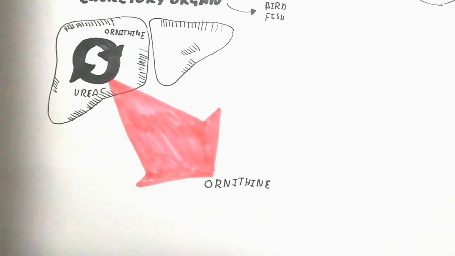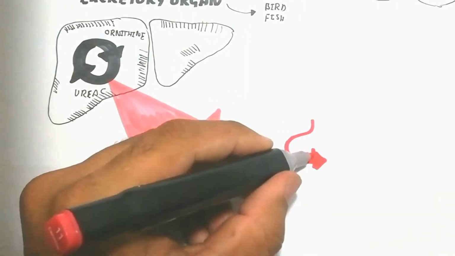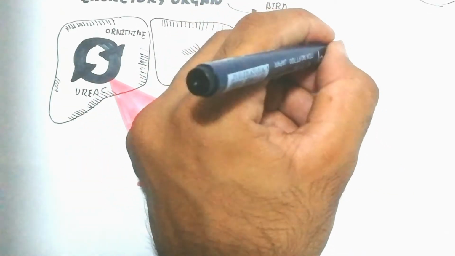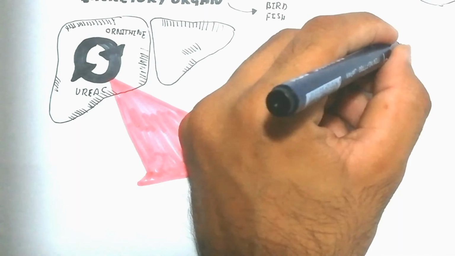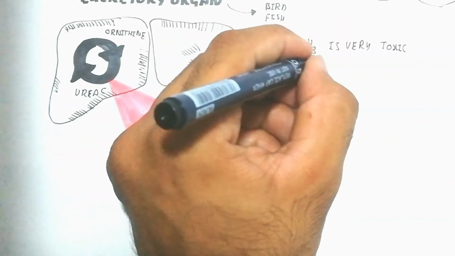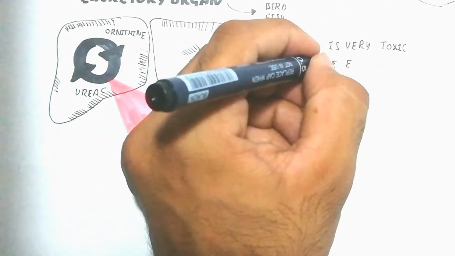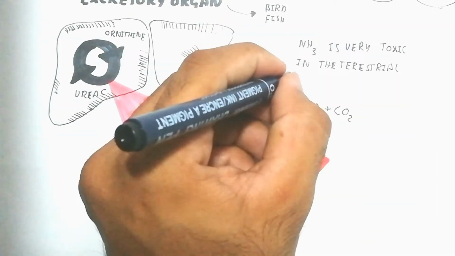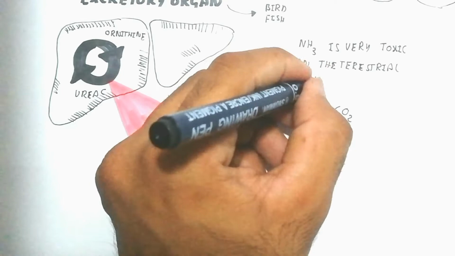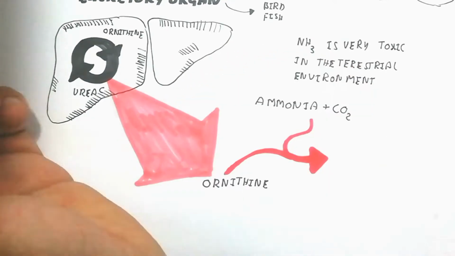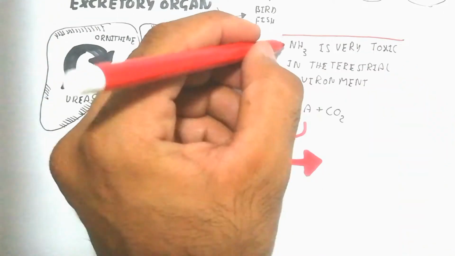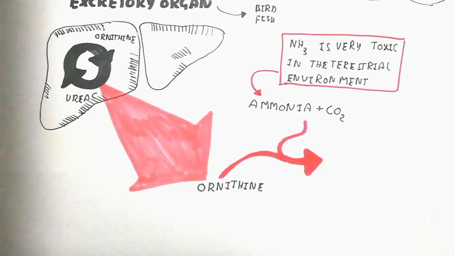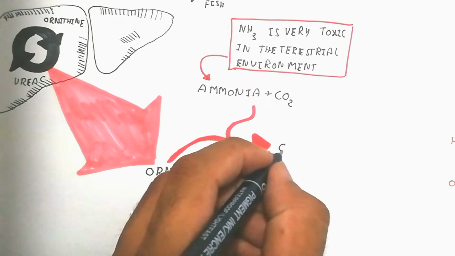Ornithine attaches with carbon dioxide plus ammonia. Ammonia is harmful, so it is converted, obviously an evolutionary adaptation, into urea. Carbon dioxide and ammonia combine together and produce the compound known as citrulline.